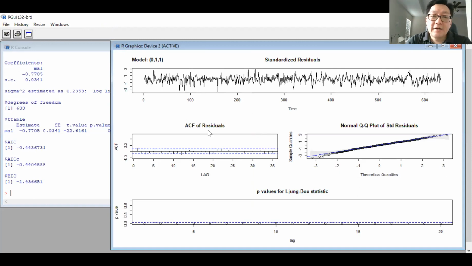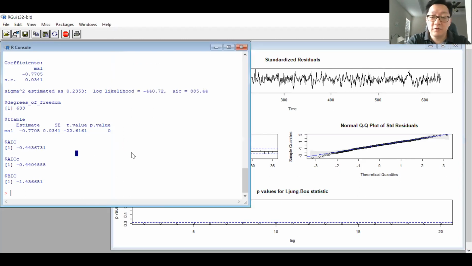So I think for this data, the one above, we have to do something else. Even though we chose the MA1, let me try an AR1 model. There's no reason, I just try.